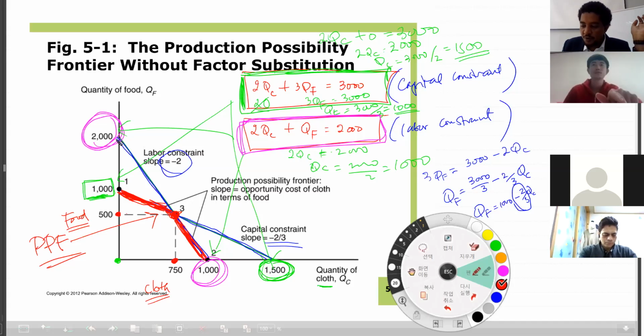You can see here, if we produce 2,000 food, we are not producing any clothes. This means that the labor that would have been used to produce clothes is just wasted, right? And we can actually produce 1,500 clothes, but this means that we will not produce any food.